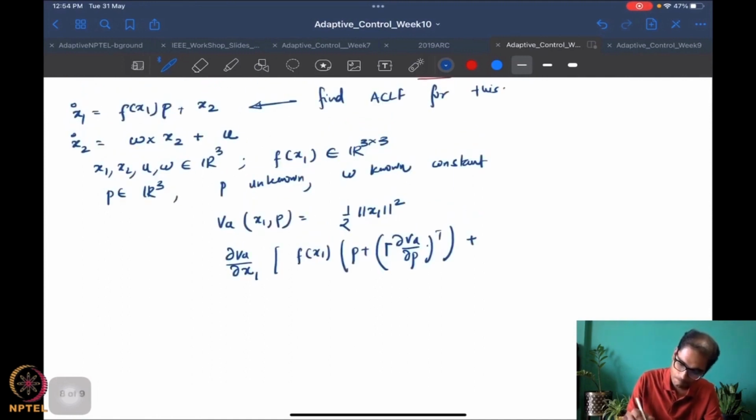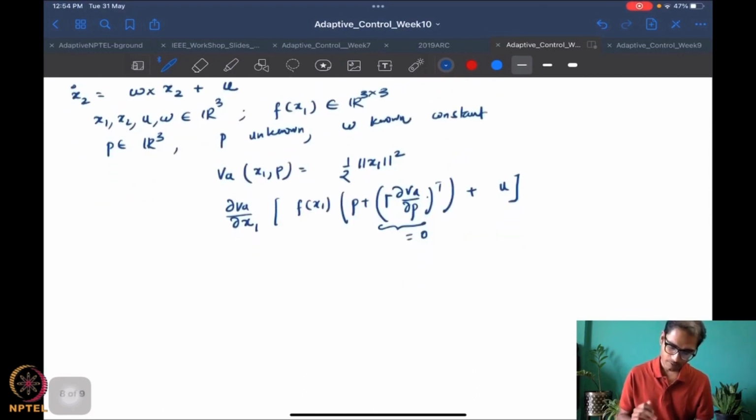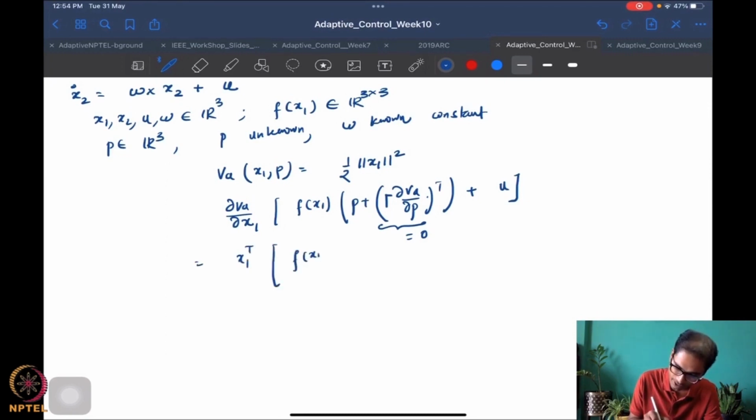Plus whatever x2 is the control, so I'm going to call it, say, U. Then this term is equal to 0 because this VA does not depend on theta at all or P at all. So here we will have x1 transpose times f of x1 P plus u.